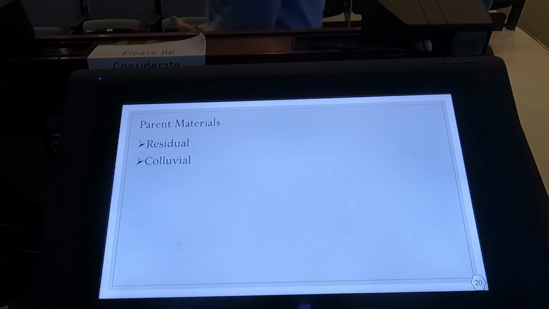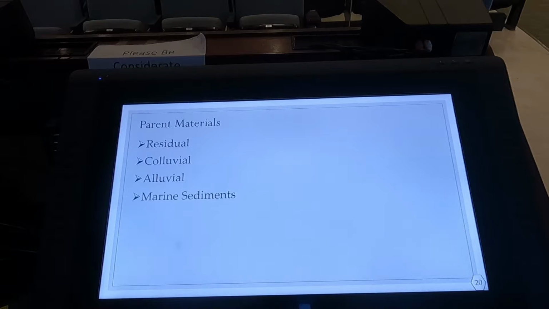So there are, I think I had 6 or 7 different types of parent materials. We'll have residual, colluvial, and so the residual and the colluvial are typically from some sort of rock fragment.